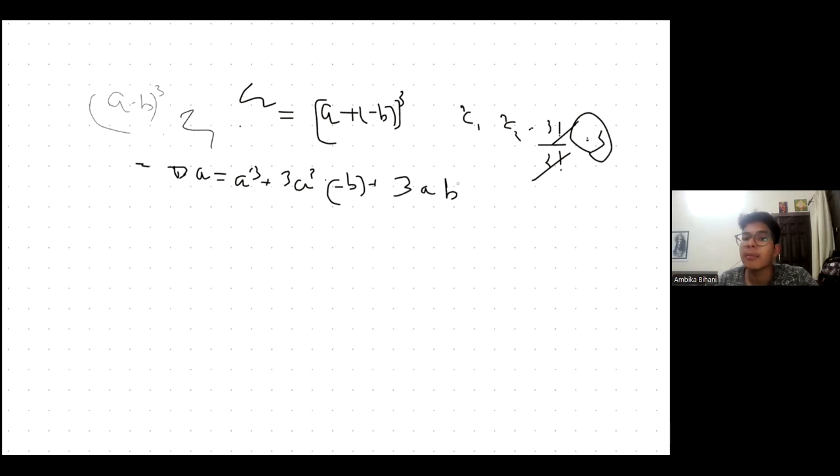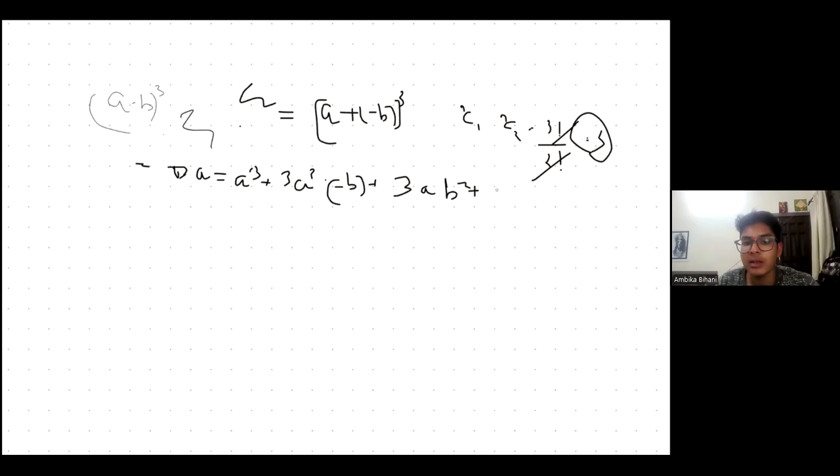Why? Because minus b squared will always give a positive value. Plus, now this is the fourth term, so a's power will be 0. That means a will be 1, so the coefficient will be only 1.